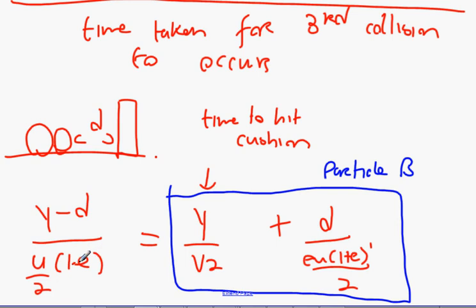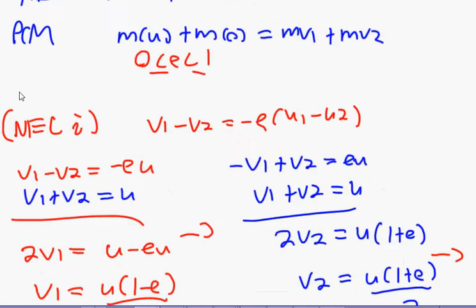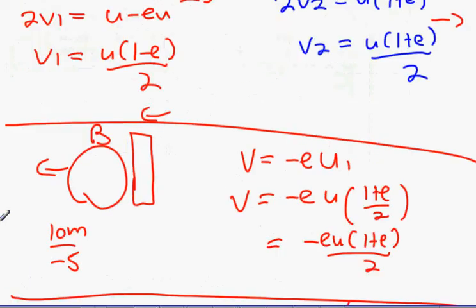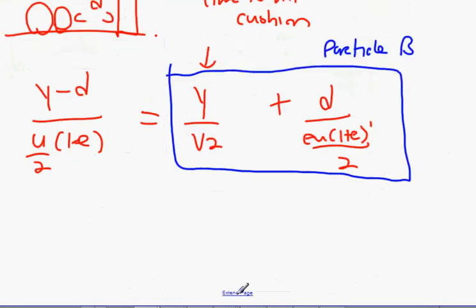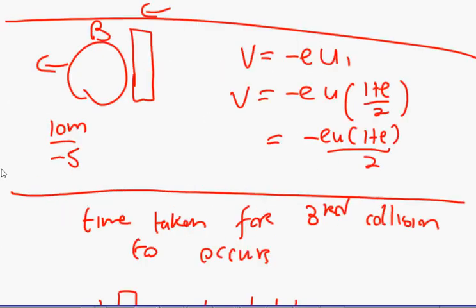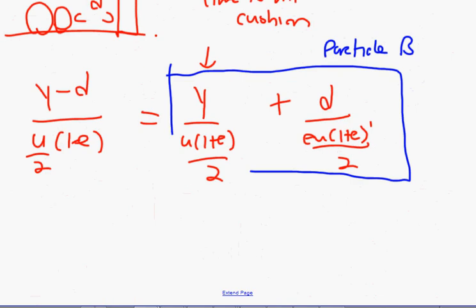And now we have an equation. Which letter do we need to isolate? d. We need to isolate d. So here we go. Hard algebra coming up. What's v2 again? I think it's u 1 plus e all over 2. There it is there. Okay, let's try this out. Multiply everything by 2, or bring the 2's to the top.